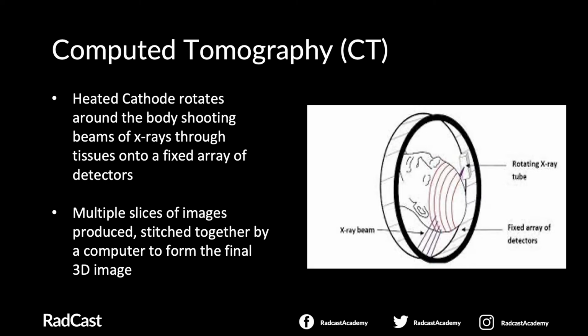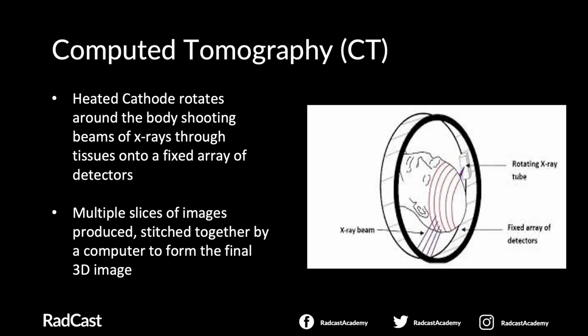So CT uses X-rays to obtain images. The physics behind it is not too complicated, but it takes a while to get your head around it. A heated cathode releases high energy electrons, which in turn release their energy as X-ray radiation. X-rays pass through tissues and hit a detector on the other side.